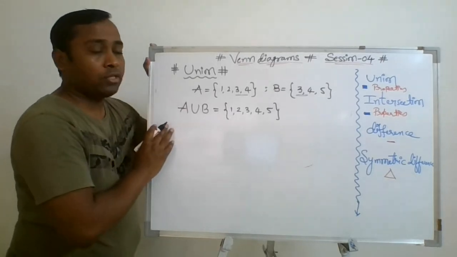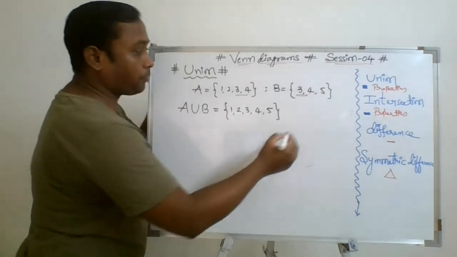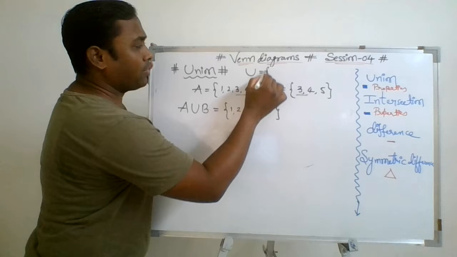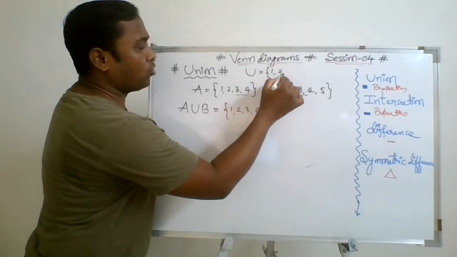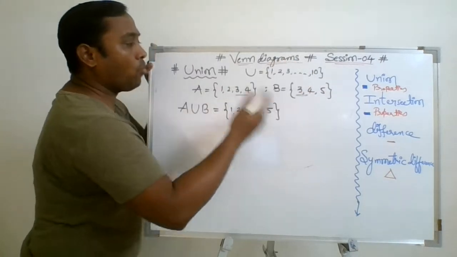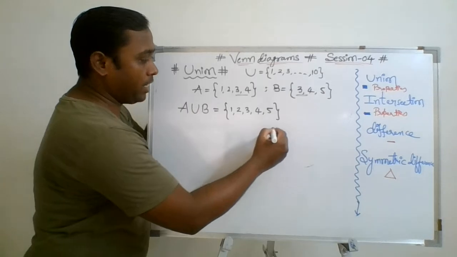Now how could this be represented through a Venn diagram? Let us say the universal set represents the natural numbers till 10. How can I represent A union B through a Venn diagram?